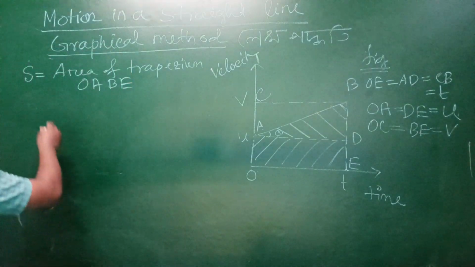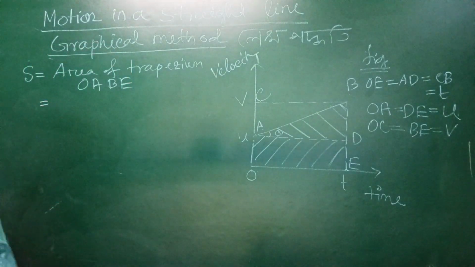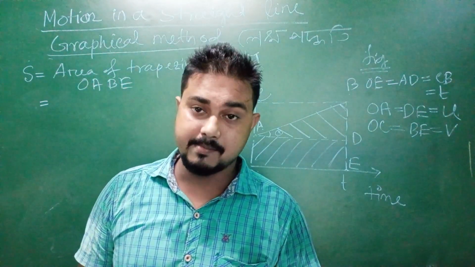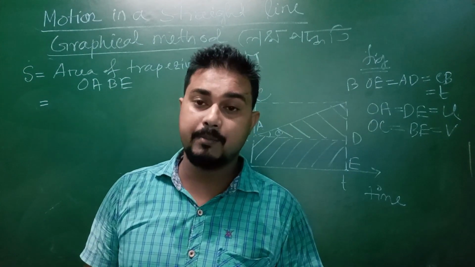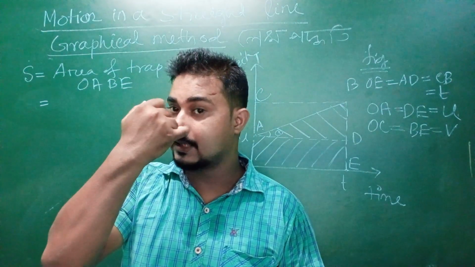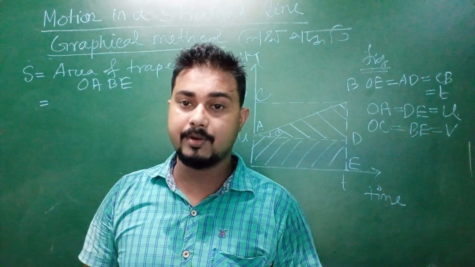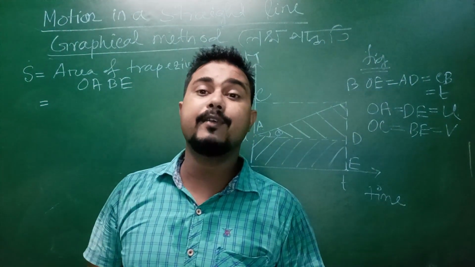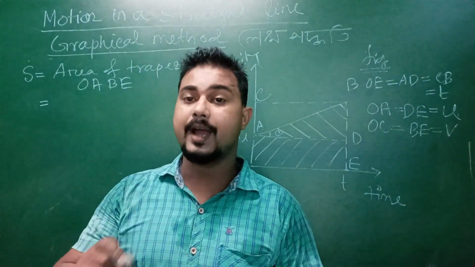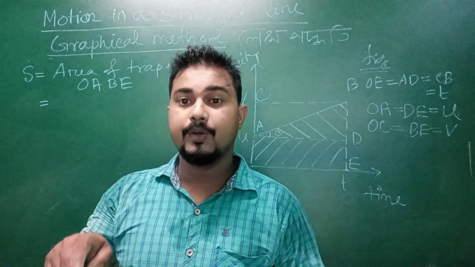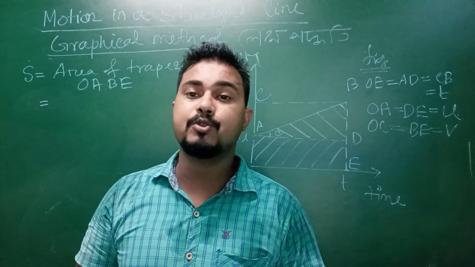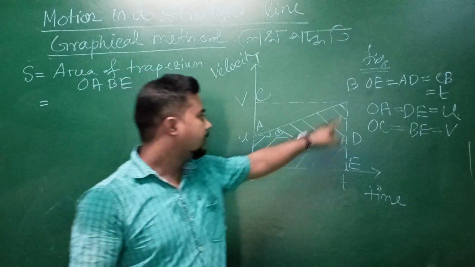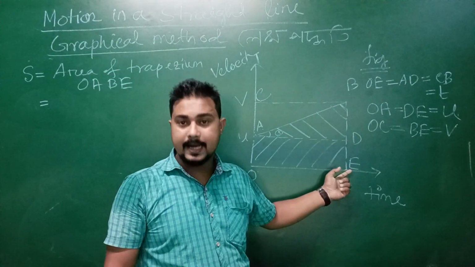Now if we write the standard equation or formula to find out the area of trapezium, it is equal to half into height of the trapezium into the sum of the two parallel sides. So here OA and BE are the two parallel sides.